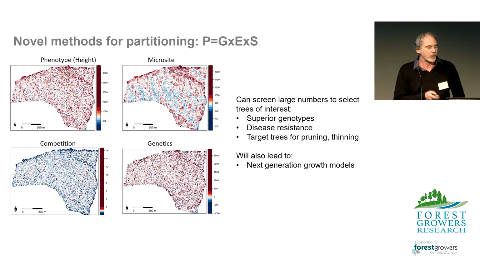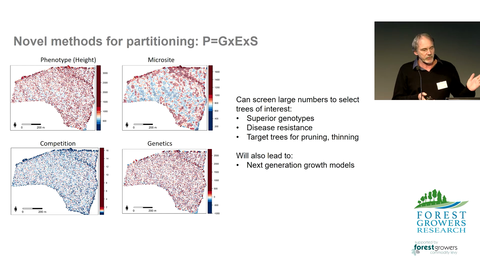And then thereby isolating more clearly just the genetic component of that phenotypic information. And so, particularly with the microsite image there, you can see there are patches within the stand that were related to what we saw when we were out in the field. We could see there were things like northern aspects where trees were growing better.